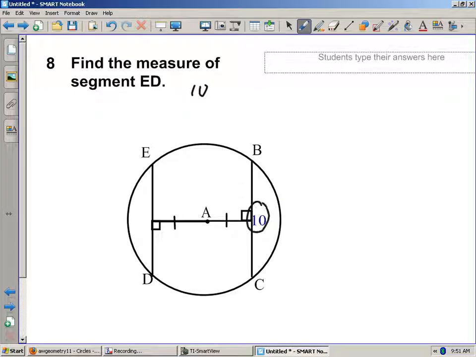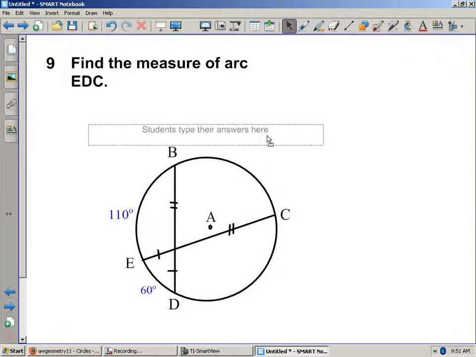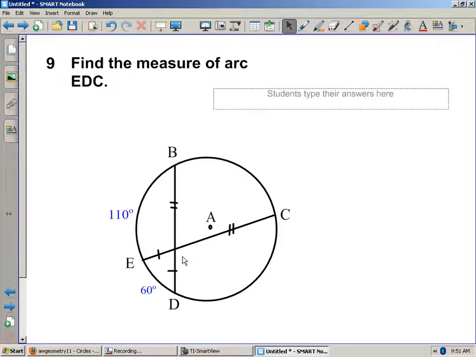And then finally, we're going to find the measure of arc EDC. So EDC is this one down here, and it's a little off from the center of the circle. You'll notice EC is not a diameter. We do know the chords are cut into two equal pieces, so that will help us a little bit. We know that if this is 60, this is 110, then most likely these chords are the same length since they're marked the same.